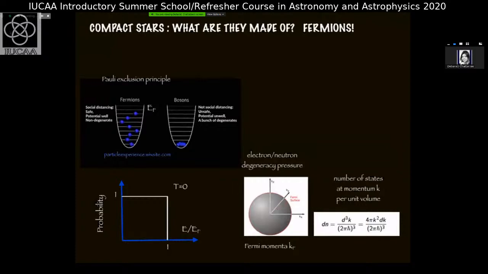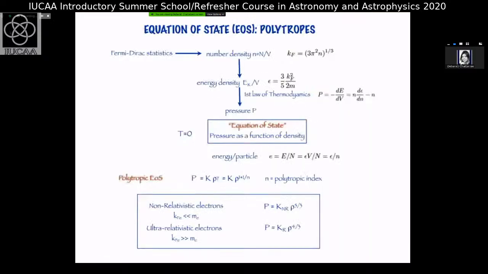From this Fermi-Dirac statistics, we can derive the number of states at a given momentum k per unit volume. You can see the formula at the bottom, and if we integrate over these number of states, we obtain the number density, which is the number of particles per unit volume.